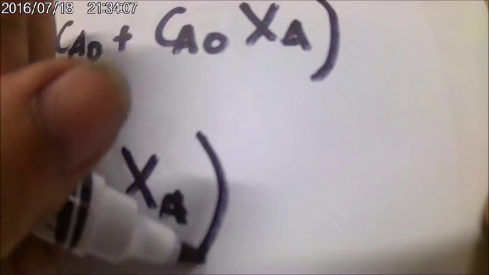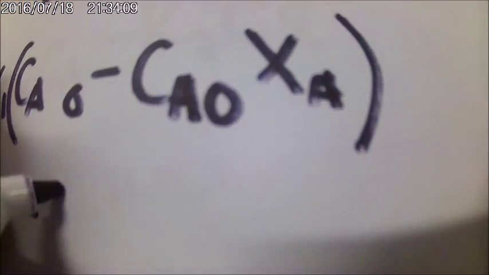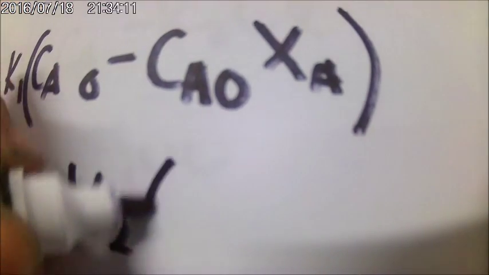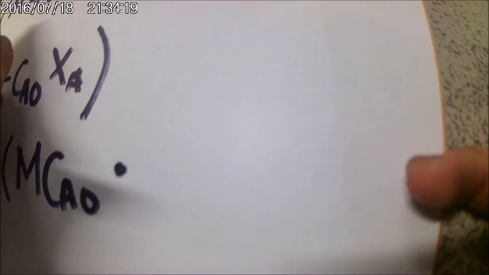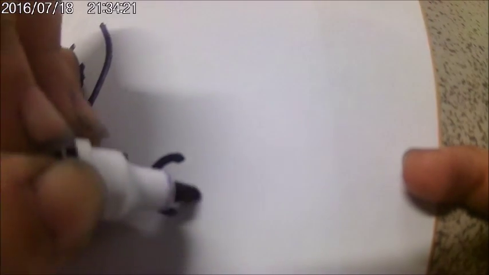So we have an equation which is k1 CA naught times (1 minus XA) minus k2 times (M CA naught plus CA naught XA).